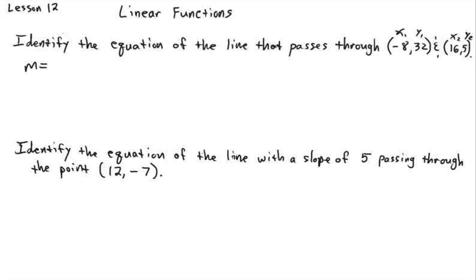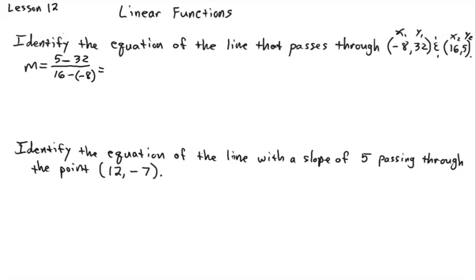Okay, so we're going to take y2, which is 5, and we're going to subtract y1, which is 32. So we're going to do 5 minus 32 in the numerator over x2, 16, minus x1, which is negative 8. So in parentheses, we're going to put negative 8. Okay?